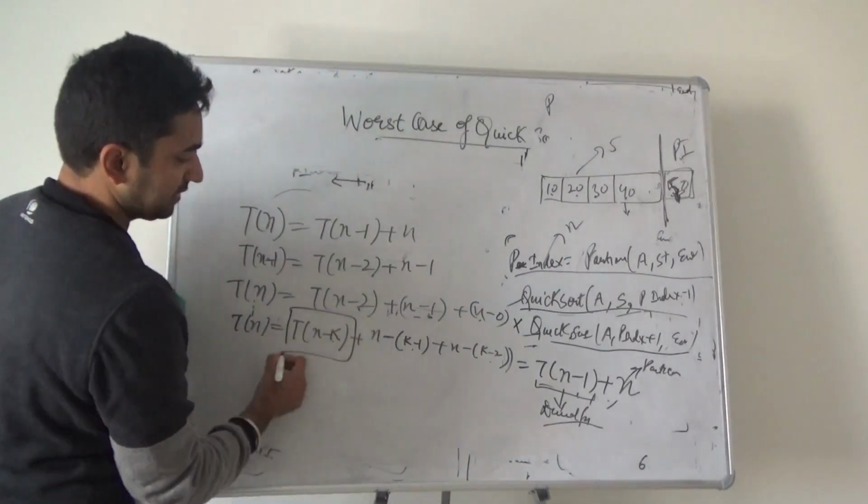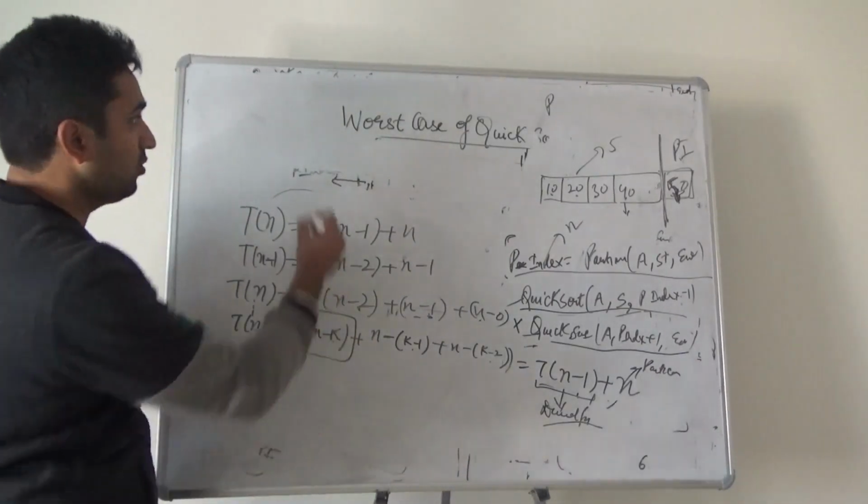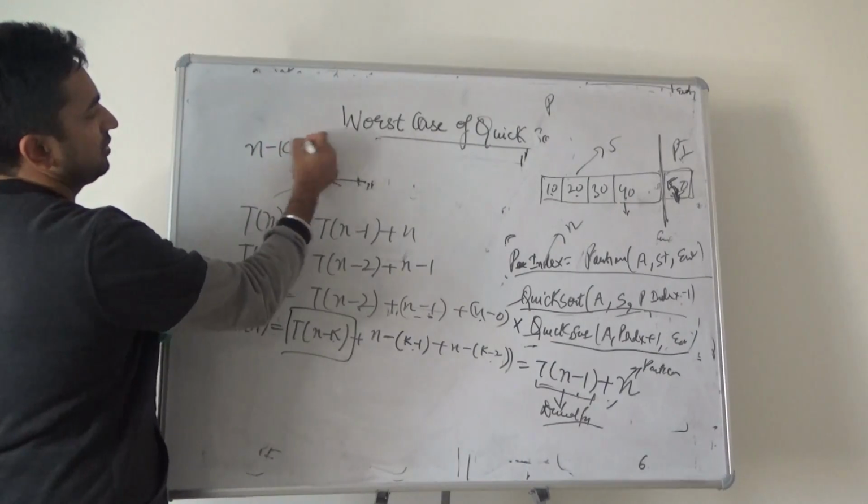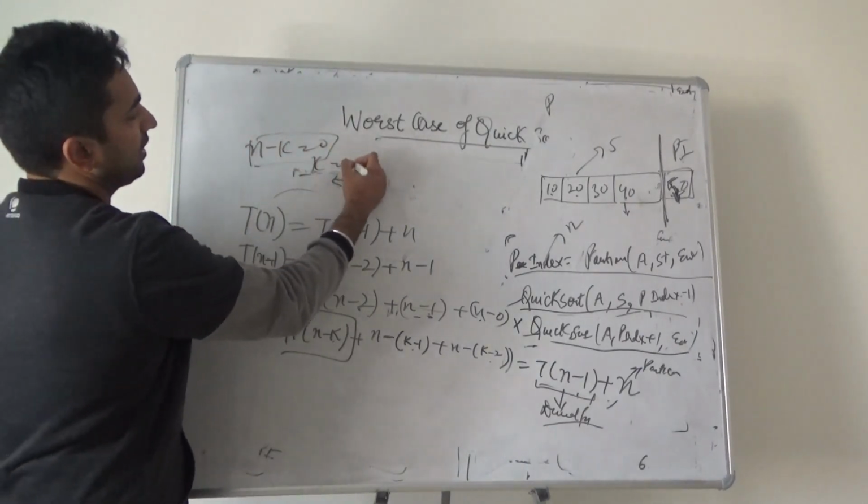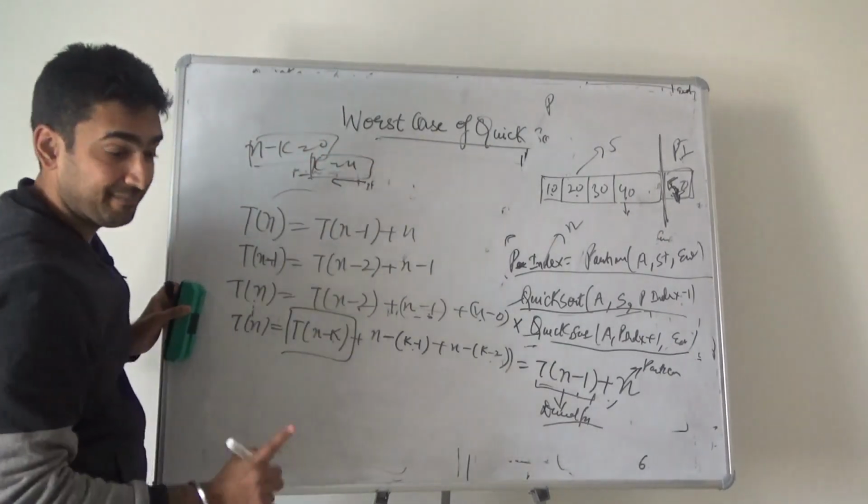If I stop this entire scenario, I would write n minus k is equal to 0. Eventually, your k value becomes equal to n.